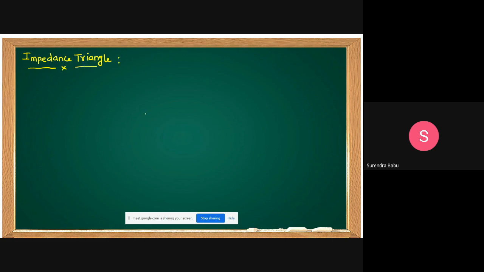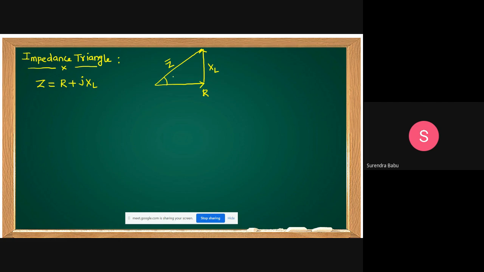In the impedance triangle, this is the resistance R, and this is the XL drop, the reactive part, and this is Z. How am I getting this? Z equal to R plus jXL. This is R, this is XL, and the resultant is Z.